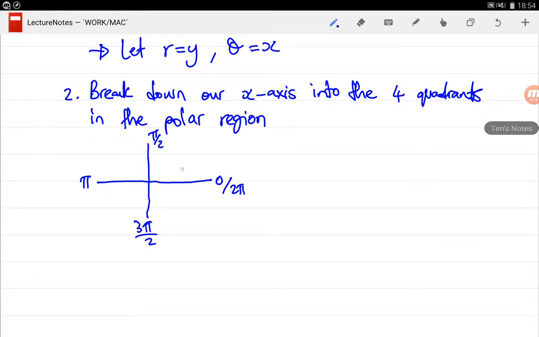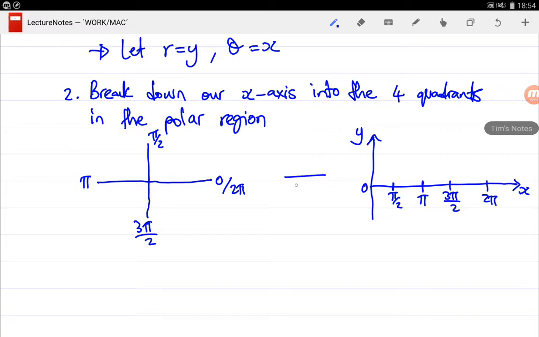And this is our polar coordinate. But notice for our xy coordinate, if we treat x as theta, we get 0 here, pi over 2 here, pi here, 3 pi over 2 here, and 2 pi. Notice now that this can be directly explained with the other function.